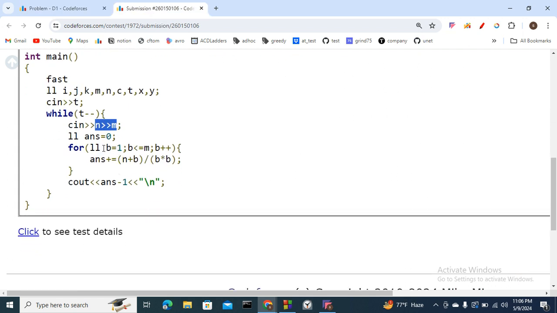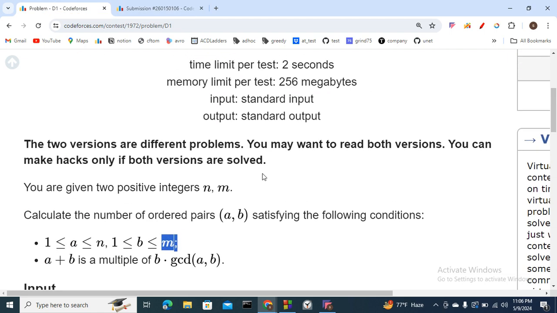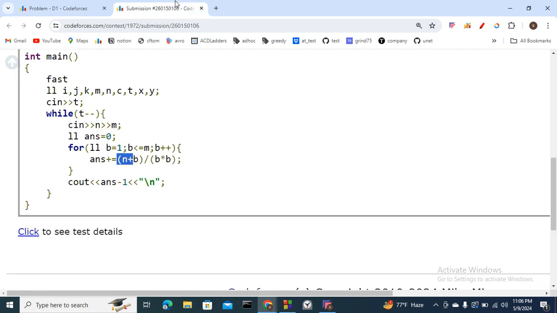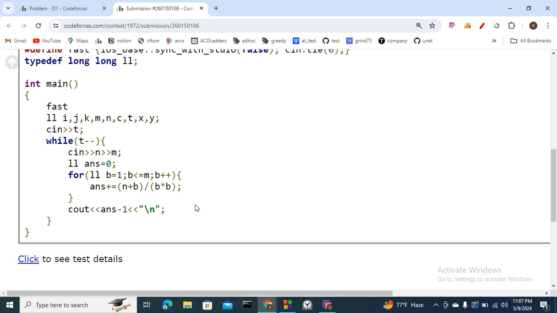Then we iterate from 1 to m for every b and calculate the desired function that we have seen, (n plus b) by b square. As we have calculated one extra value, where a becomes 0, we subtract it from the answer. Okay, thank you.